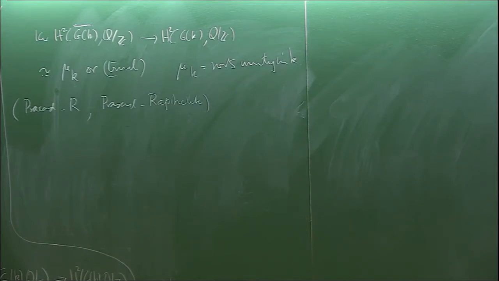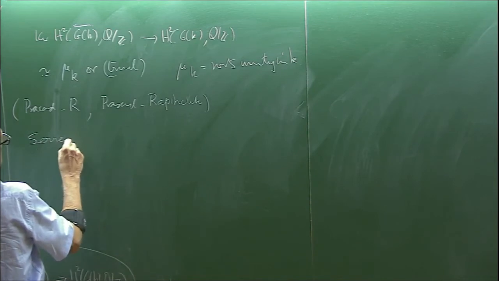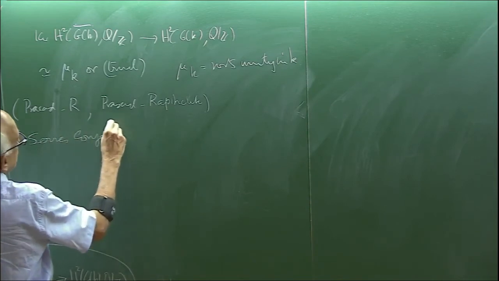So that's one aspect. The other aspect is to prove the centrality in good cases. What do I mean by good cases? Serre conjectures the following.